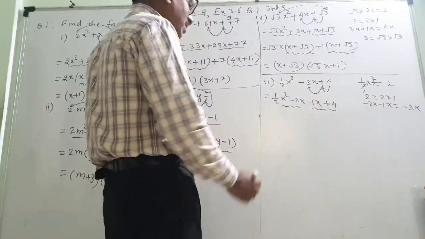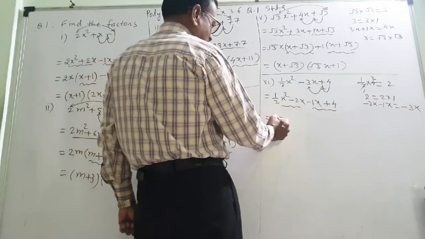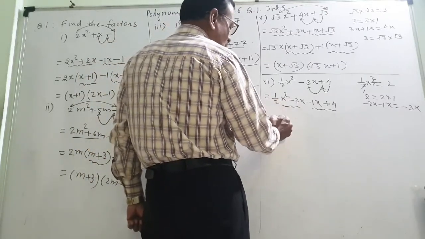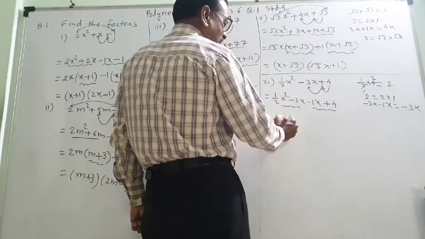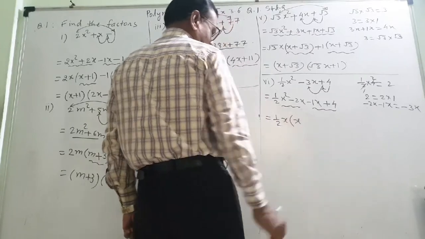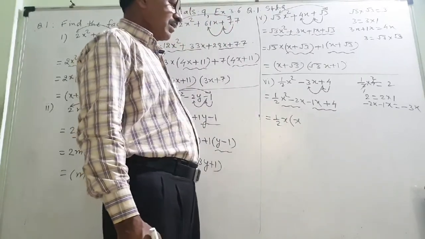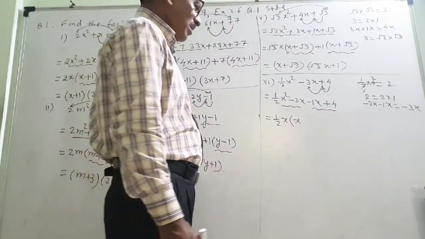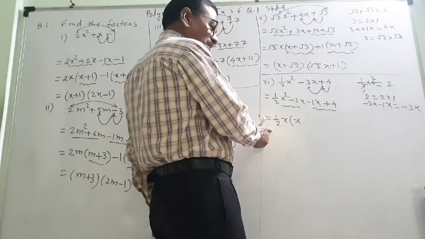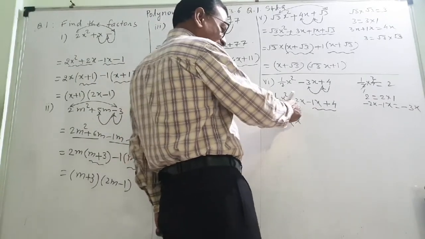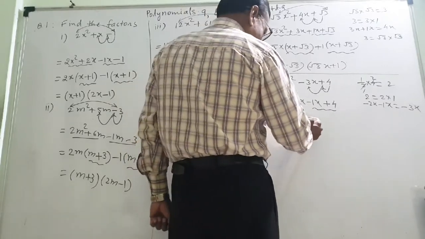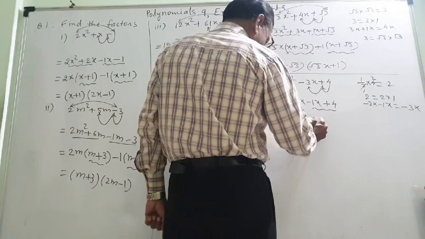So what is common? Common is 1 upon 2 because this is divisible by 2. So 1 upon 2 is common. X is also common. Here x will remain. Now I am taking 1 upon 2 as common, and after dividing this, what will happen? So it will be minus 4.